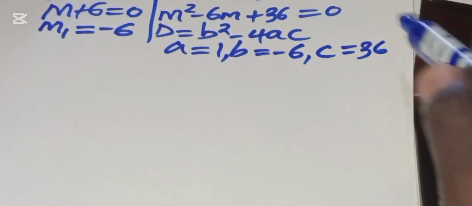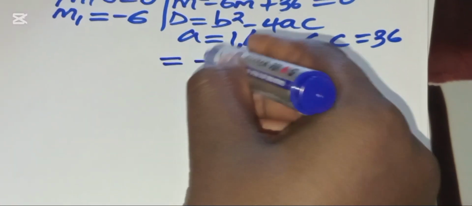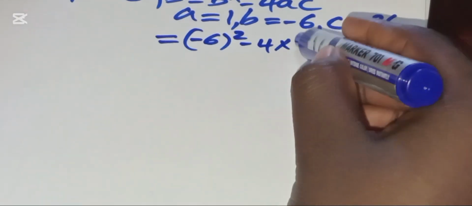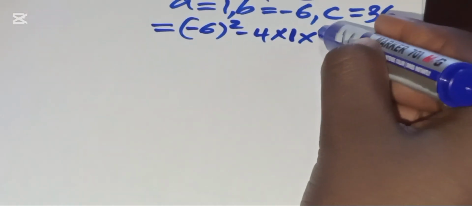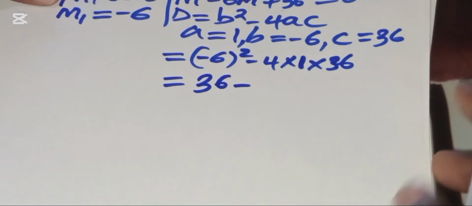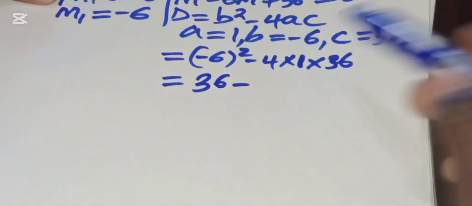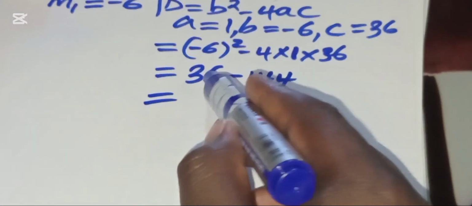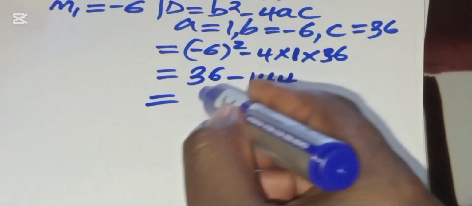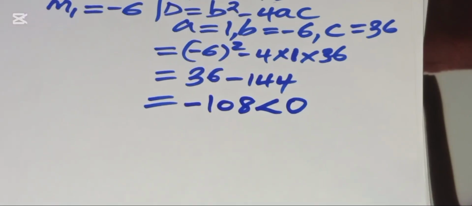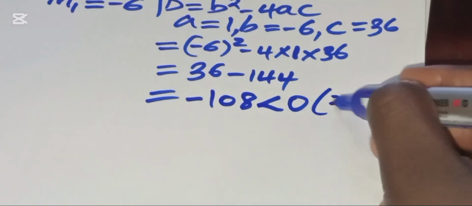Now, let's substitute this. We'll have b squared, which is negative 6 squared, subtract 4 times 1 times c, which is 36. So this is 36 subtract 144, since 36 times 4 is 144. And 36 minus 144 is negative 108, which is less than 0, and that shows that we have two complex roots.